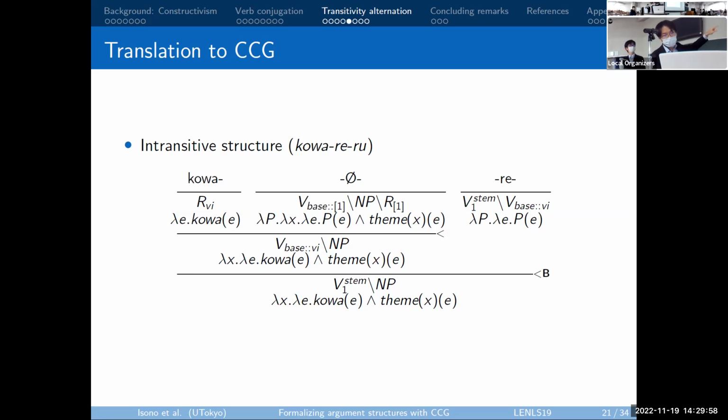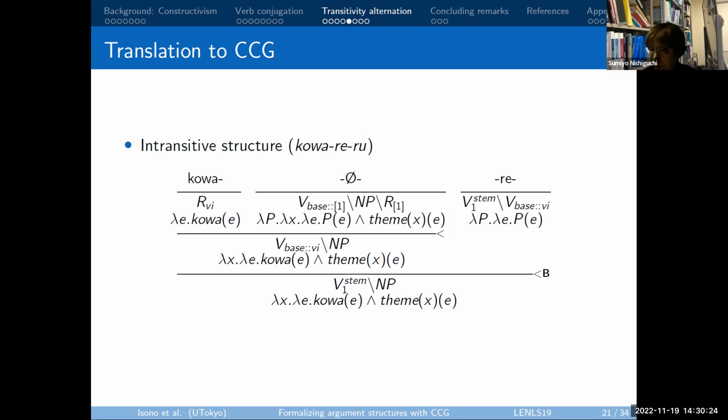You can see the backslash and P in the middle, and that is where the theme is introduced. But one question is then why we need the re. Our current assumption is that it is just for the morphological features. We have to turn the base into a stem, and that is why re is needed. But this is kind of stipulative, so maybe there is some deeper reason for that.